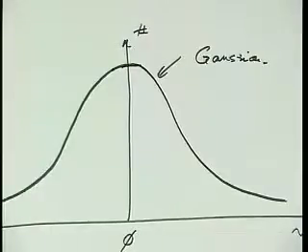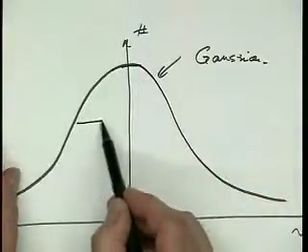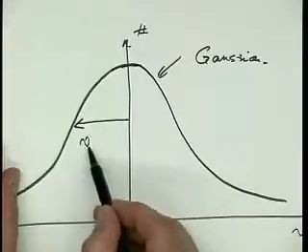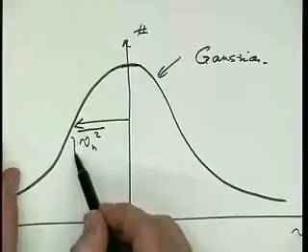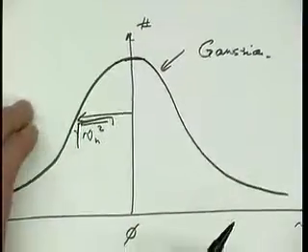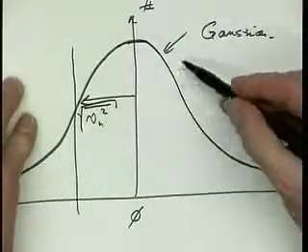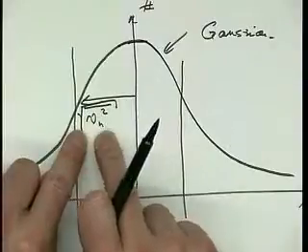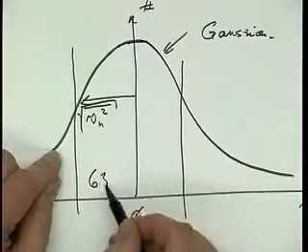Actually this width here is the square root of Vn squared. And the chance that our noise is within plus or minus this voltage is about 63% or so, right?